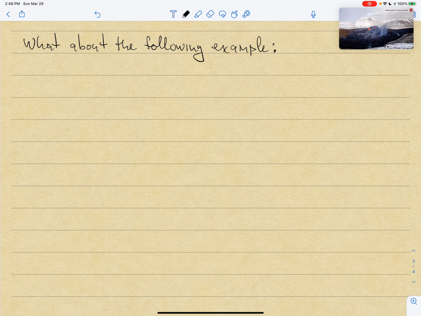Let's take f of x that is equal to e to the power x. If I have a function that is e to the power x, the domain of this is all real numbers.